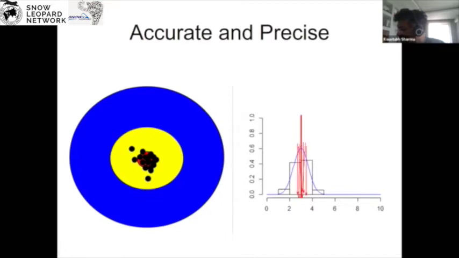She may have had many arrows here, a few arrows here, and so on. Now you see a similar pattern building up in this case. So very accurate and very precise. That's a good thing. That's exactly how we want our data to be based on our sampling.